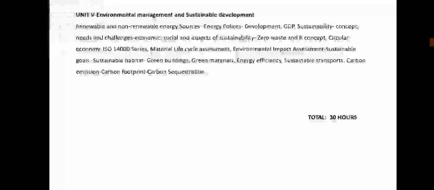And the last module is environment management and sustainable development.